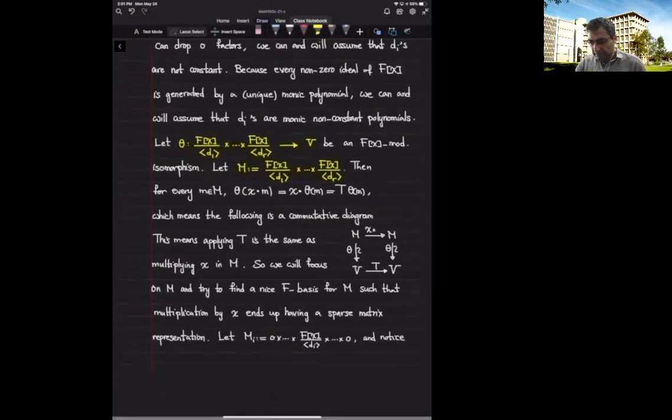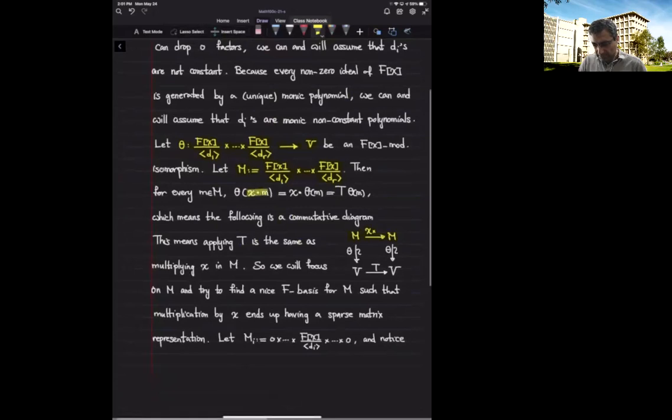So what is this diagram? If I start with m and multiply by x, I get x times m, and then apply theta, I end up getting x times theta of m, because theta is an F[x]-module homomorphism.